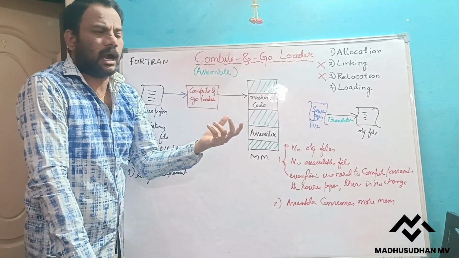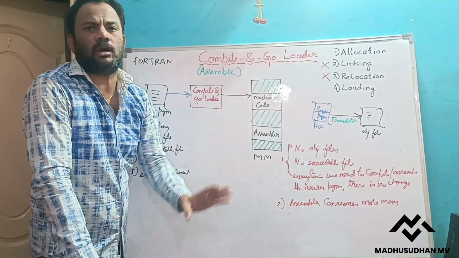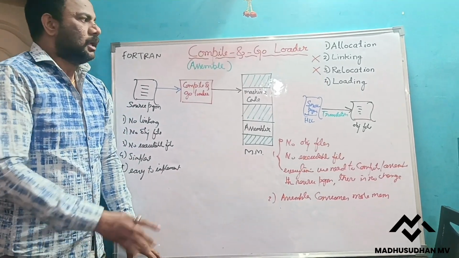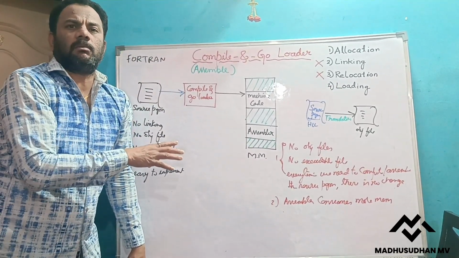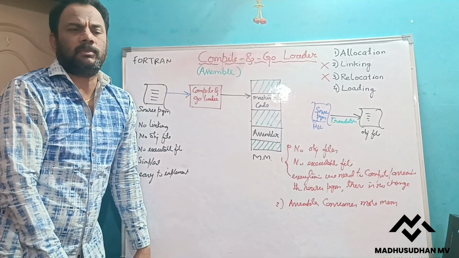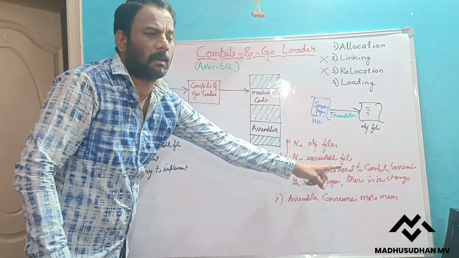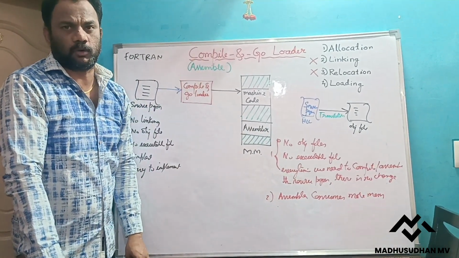Linker is not required, and since we are not linking anything, there is no executable file. So what is the problem? Every time we want to execute the program, even though there are no changes in the source program, we need to compile or assemble it again.